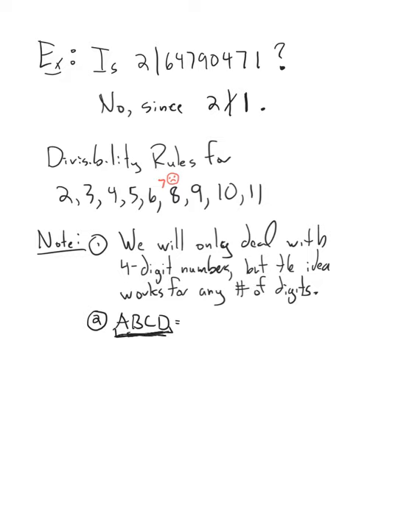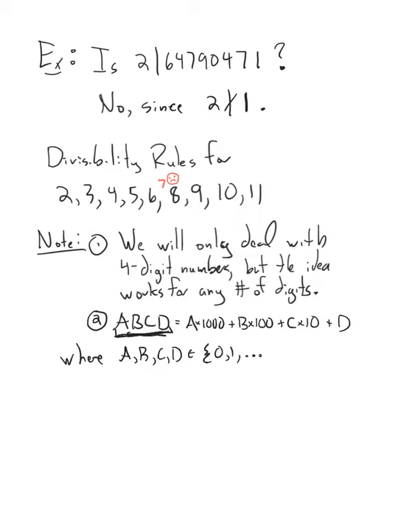So this is the same as A times 1,000 plus B times 100 plus C times 10 plus D, where A, B, C, and D are whatever digits in base 10. So I'm thinking of this as a 4-digit number, not A times B times C times D. So that's going to be important to us.